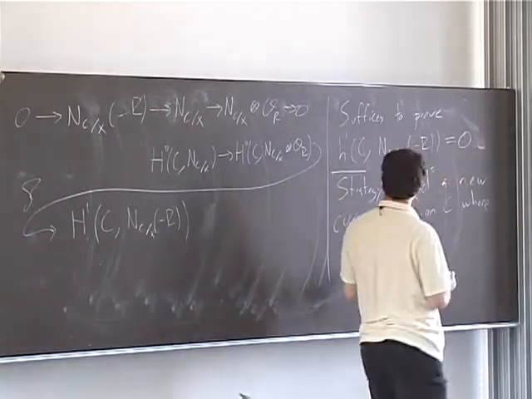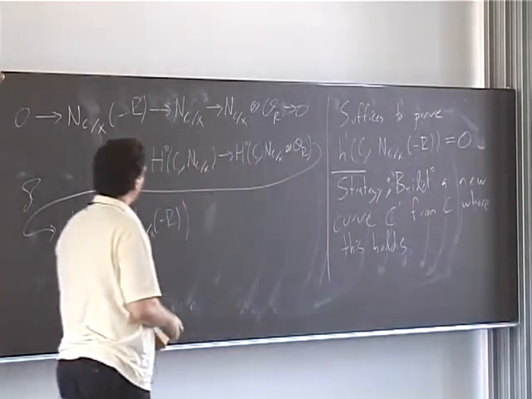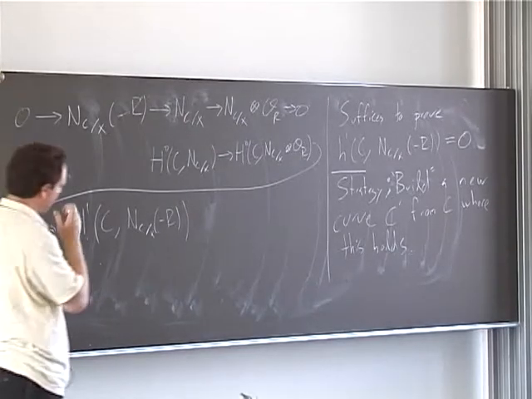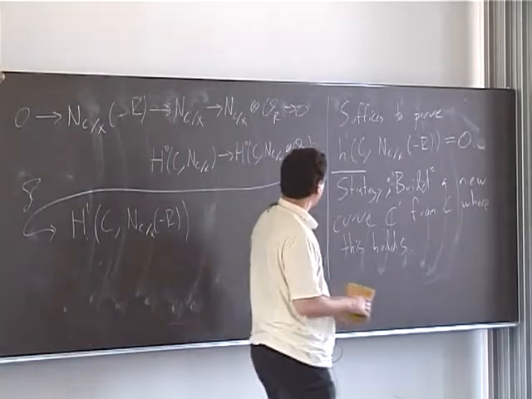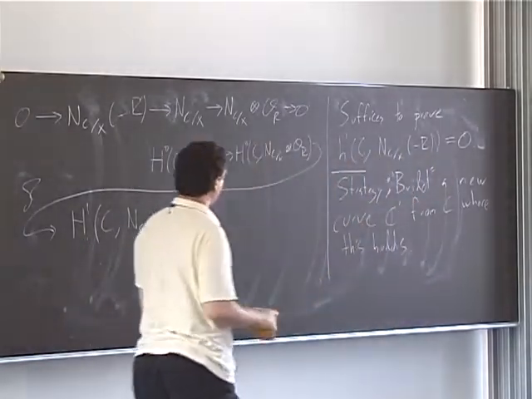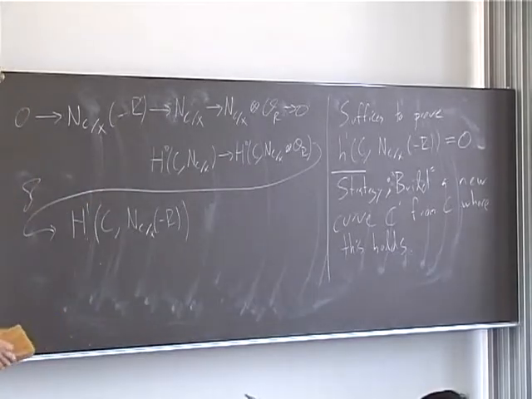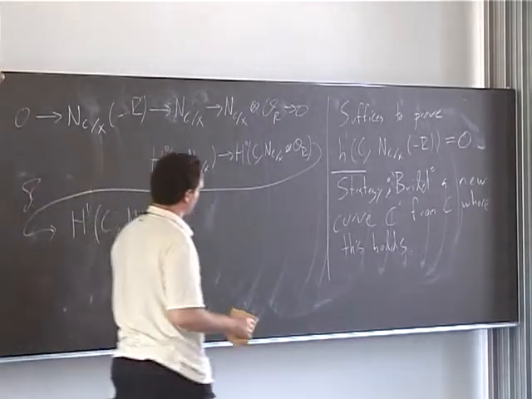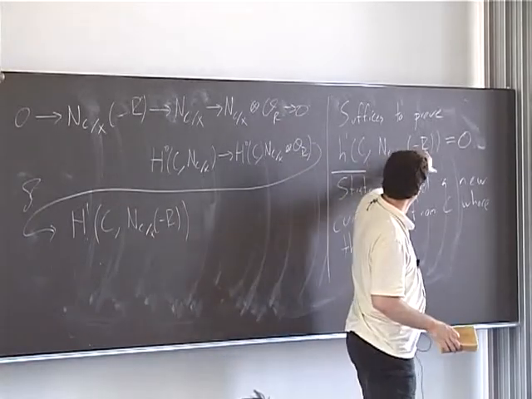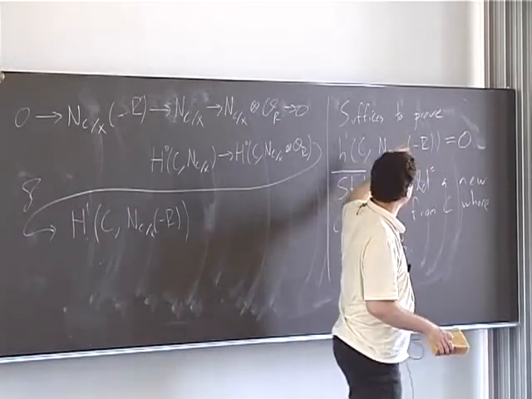The new curve C prime will have the same genus as C. The map from C prime to P1 will have the same degree D. The curve C prime will not be the same curve class, but it will differ by adding curves in fibers, rational curves in fibers. So that won't change the genus and it won't change that D. The size of the ramification doesn't change either.